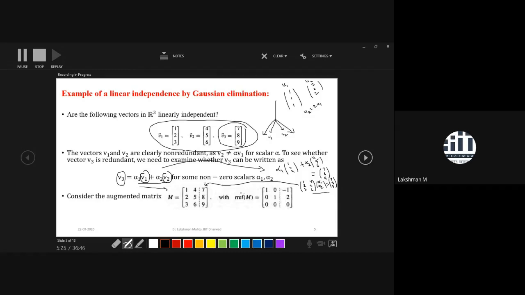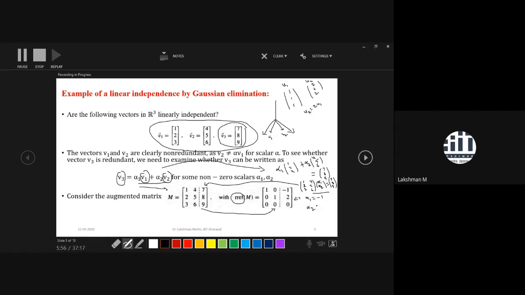Then we apply RREF, the row reduced echelon form. After applying it, we get this reduced form. From the reduced form, we write the system of equations again. It directly gives the solution alpha 1 equal to -1 and alpha 2 equal to 2.